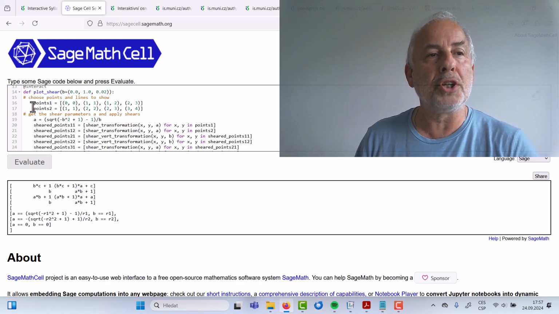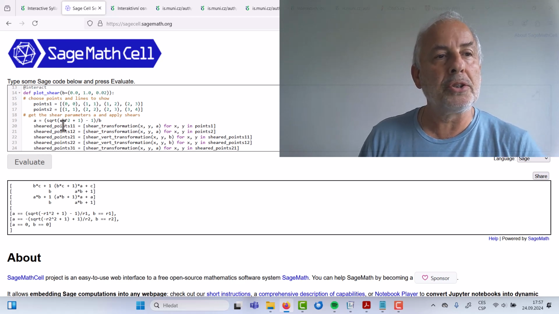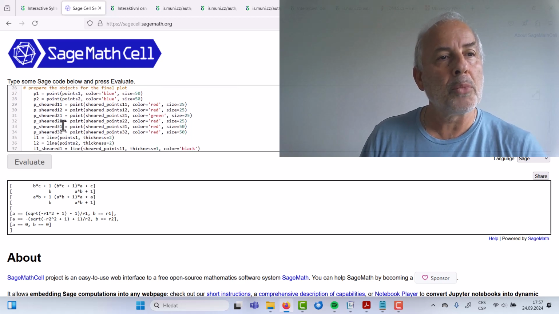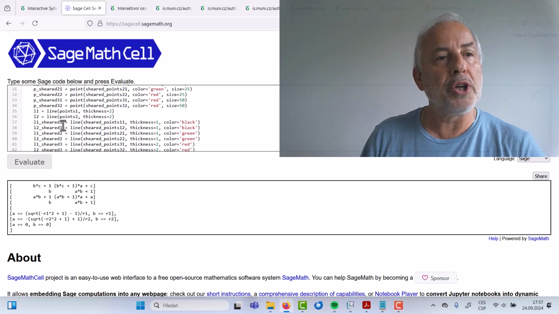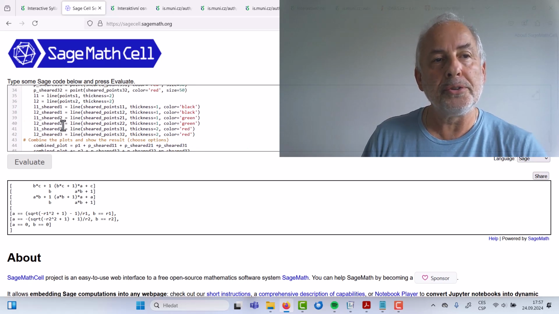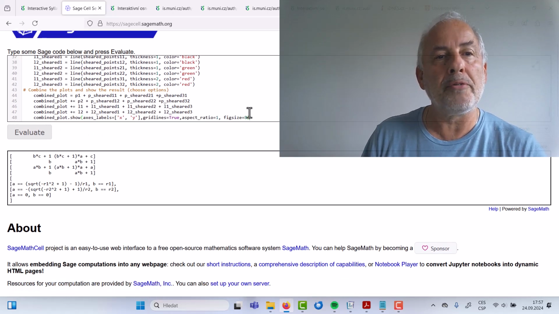So this is just drawing some object. That's nothing very interesting. So this is the object, and then I make the shears of the things, and finally I show everything, right?